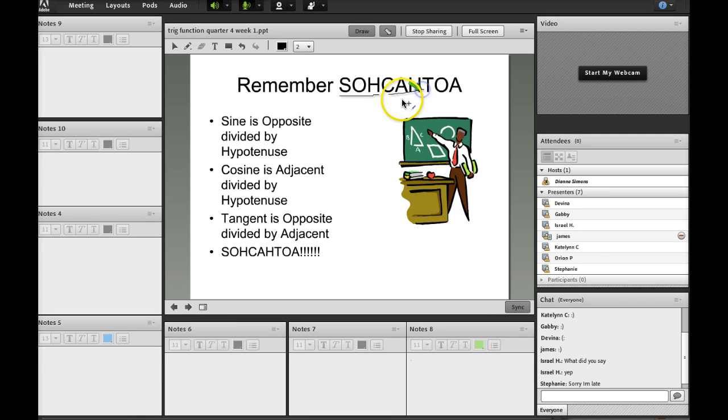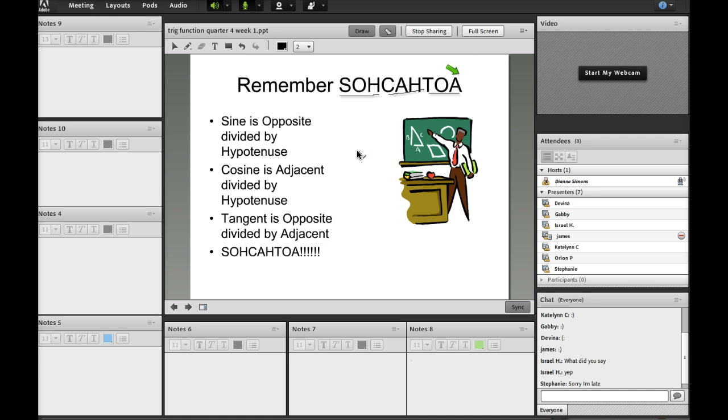Cosine is the adjacent side divided by the hypotenuse. No matter what angle you're looking at in that right triangle, that's what it's going to be. And tangent, that's what the T stands for, is the opposite side divided by the adjacent side.